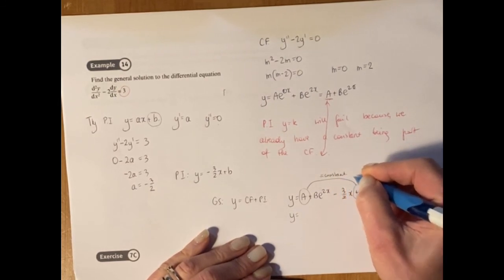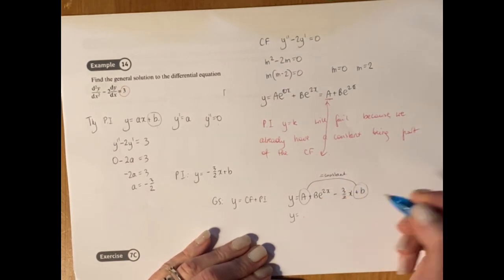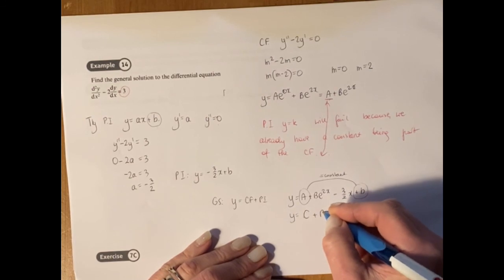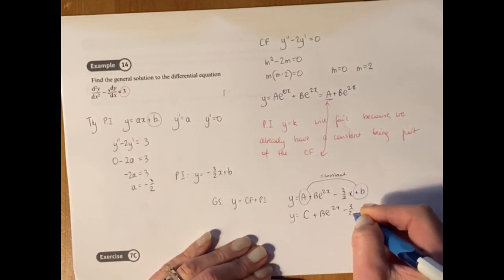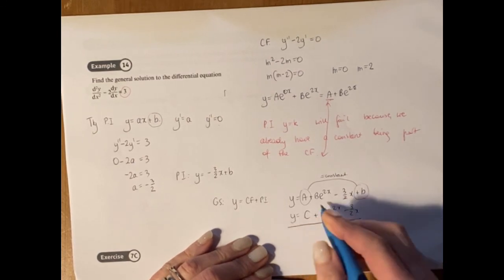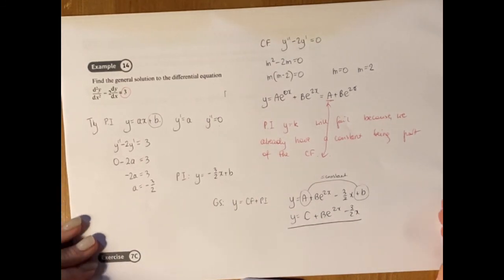So you can then combine them into a constant, let's say, I don't know, let's call it c plus b e to the power of 2x minus 3 over 2 x. There you go. And even if you left it like this, that would work. Okay. So now you can have a go and complete all questions in exercise 7C.